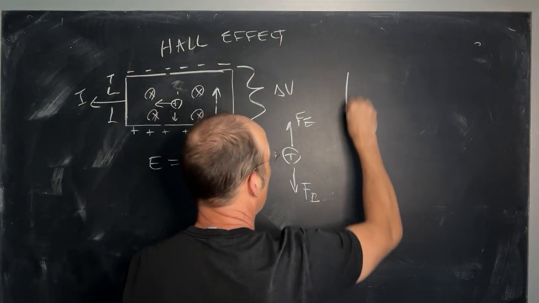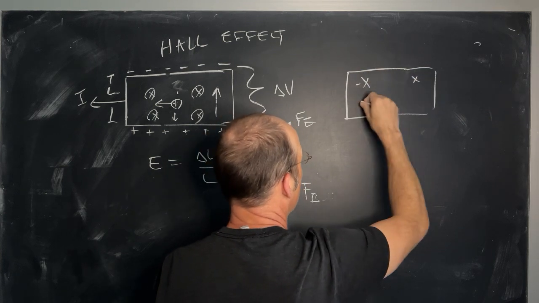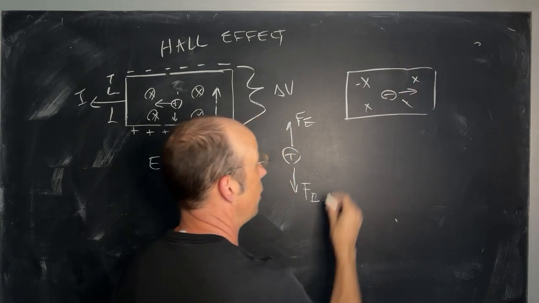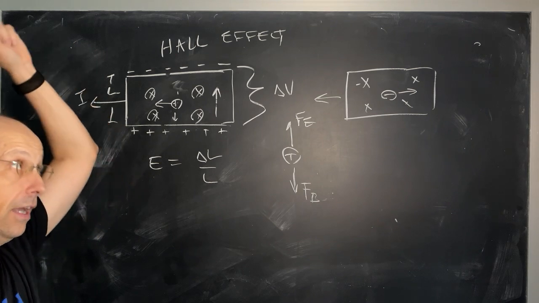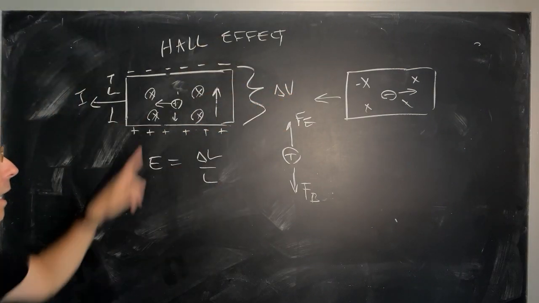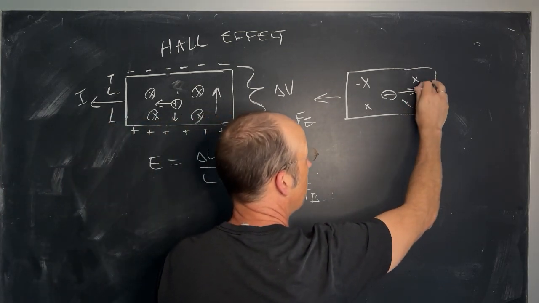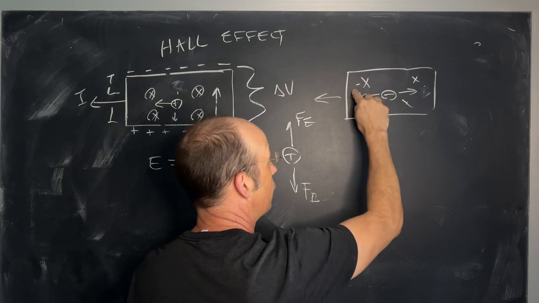Now let's repeat the experiment. Same magnetic field, I'm just going to put X's. But now I have negative charge carriers, and they're moving that way. I still have the current to the left, right? If the current is to the left, that'd be negative charges moving to the right. Now if I do the same thing, now I have qv. There's v. But qv is still this way, right? Because it's a negative charge.